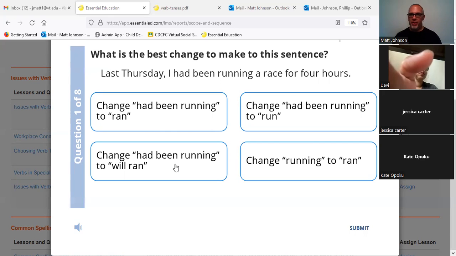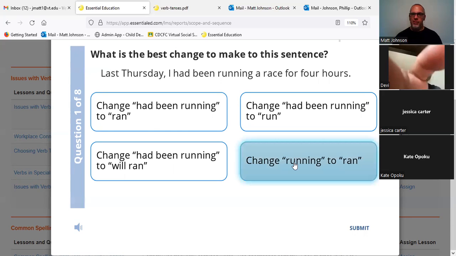Using had been running, those perfect tenses, does it work here? We just want to simply say that on this day, at this time, or at this place, I ran. So that is a simple fix. A simple past tense is what we want to use here.